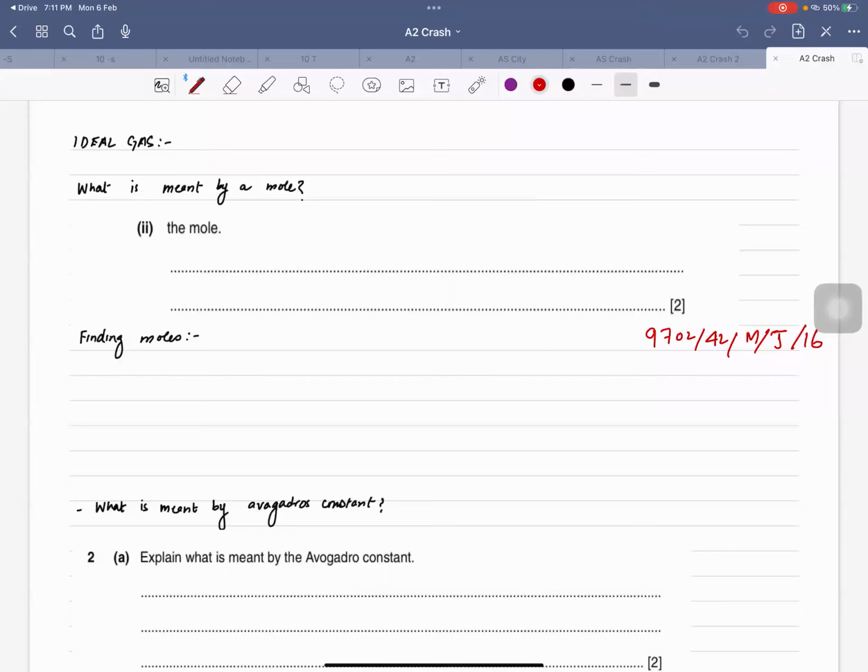All right. So now, speaking of first in this chapter, we need to learn about certain definitions. First of all, the definition of a mole for 2 marks. The first mark is always when you write amount of substance.